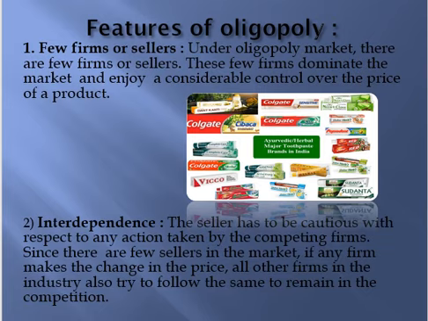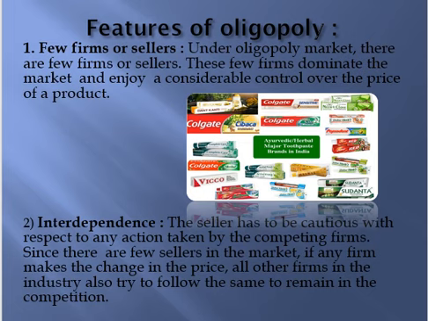And since there are few sellers in the market, if a far larger number of consumers are attracted towards one seller, the other firm will have to follow so that it can remain in the competition.